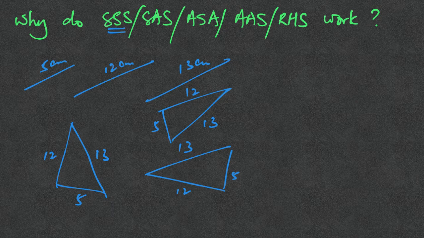It's just a difference of reflection or turning the orientation. So this may tell you why SSS means the triangles are congruent to each other.